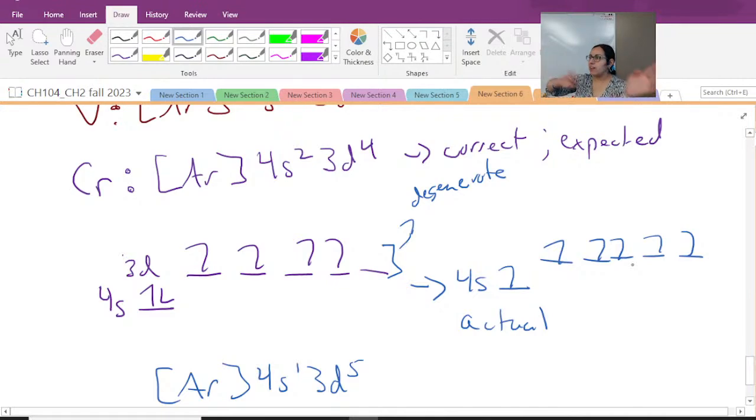But that's more advanced. That's at least showing you why things are weird. I don't want to just say, oh, the d orbitals are weird, and then move on with life. I at least want you to have an appreciation. There's 5 of them. They move around. They're very close to the 4s, so everything shifts around depending on geometry. But as long as you can just fill it in how you expect it with the periodic table, that's perfectly fine.